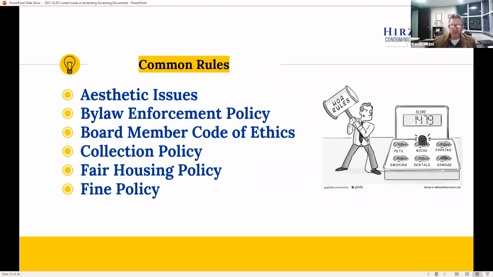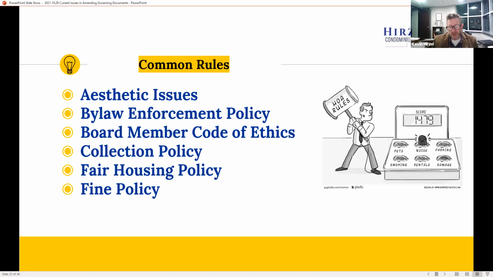Bylaw enforcement policy, code of ethics for the board members themselves, potentially confidentiality, also dealing with contractors can fit in that category. And then collection policies, fair housing policy, and that's usually dealing with a request for reasonable accommodation. Maybe somebody wants to put a ramp in front of their house, or going back to the emotional support animal concept. A written policy can help guide the board of directors in making sure that they don't take a wrong step in evaluating a request from a co-owner.